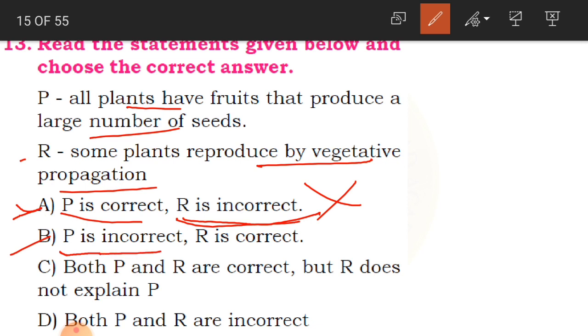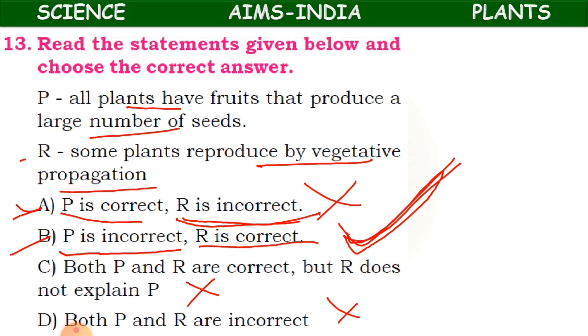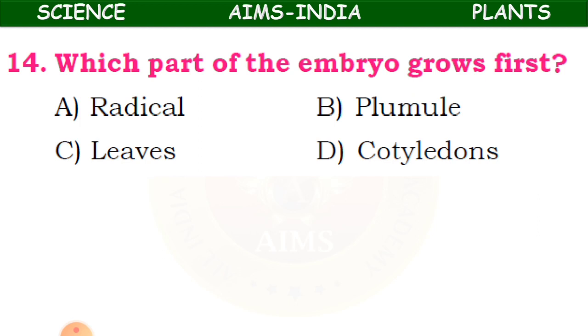P is incorrect, because all plants cannot give us fruits and a large number of seeds. R is correct. So that is why this option is the correct answer. The other two will also become wrong. Clear children? Now we'll move on to the 14th question.